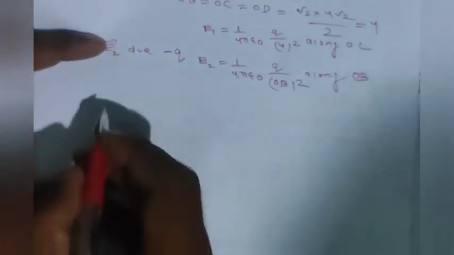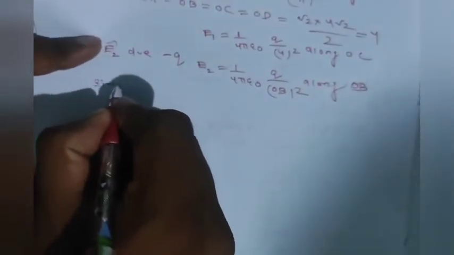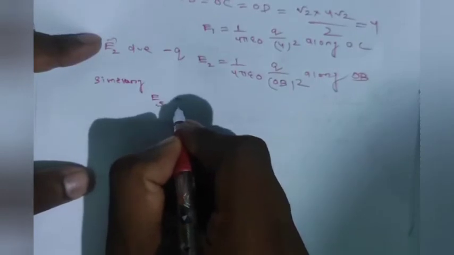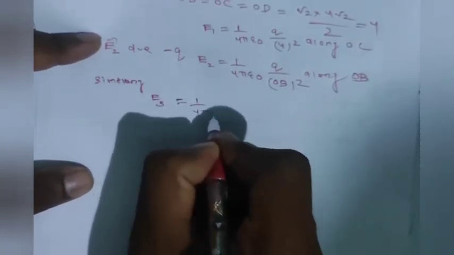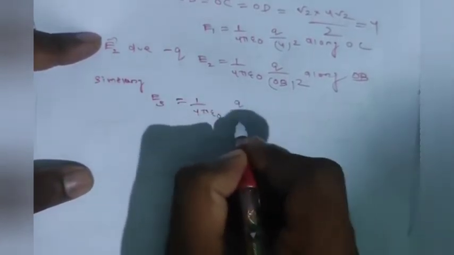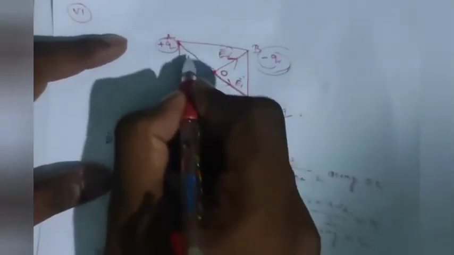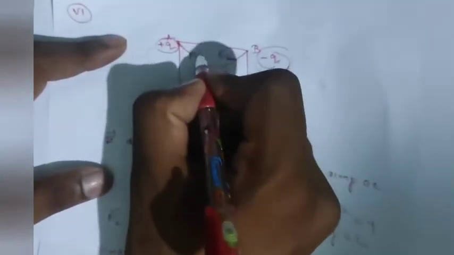Similarly, E3 equals 1 by 4 pi epsilon Q by OC square along OA.